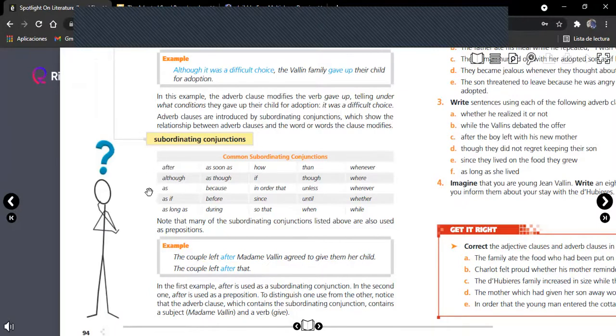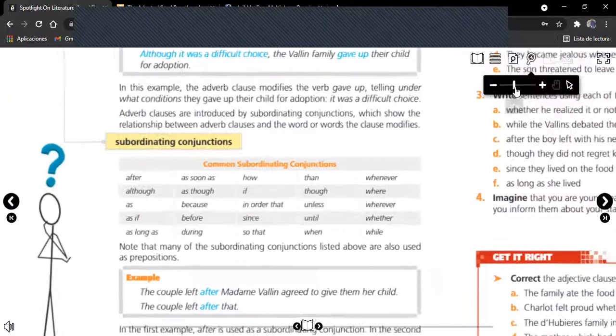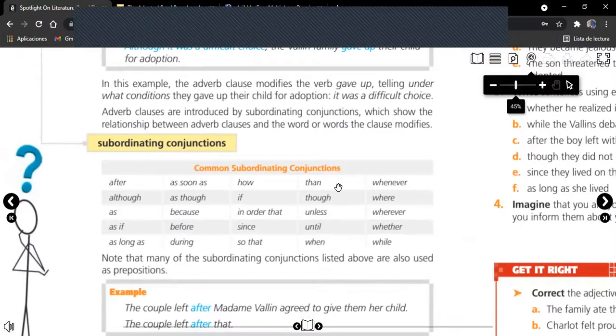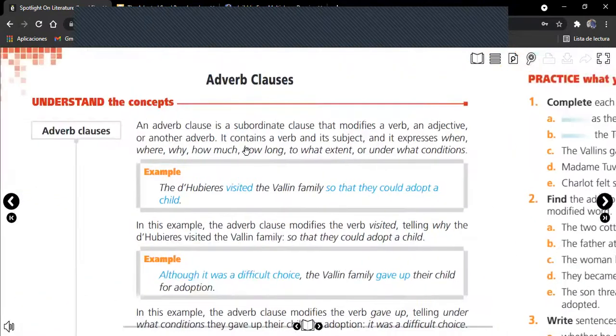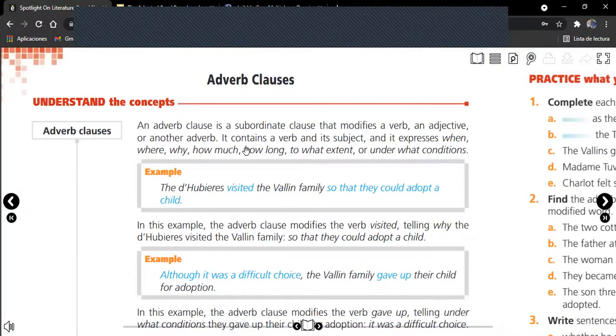Those are the most common ones. If you remember the topic we studied last term about transitional devices, you will remember when we use those expressions to express time, contrast, sequence, reasons, etc. So you have to remember a couple of things related to subordinating conjunctions before you are able to use adverb clauses.